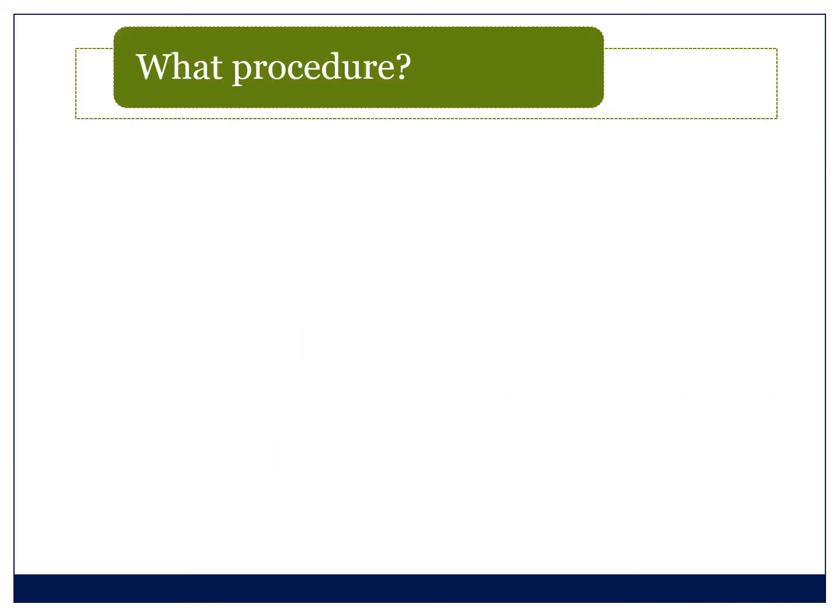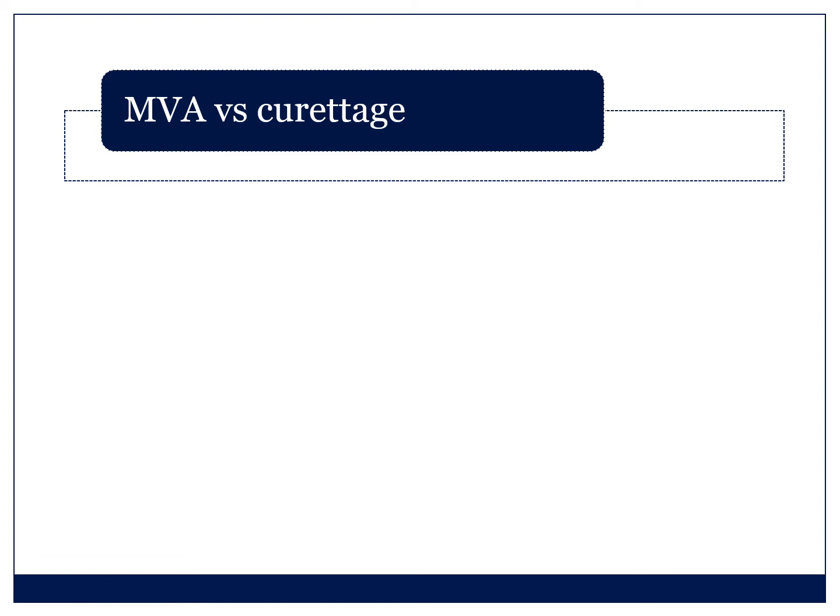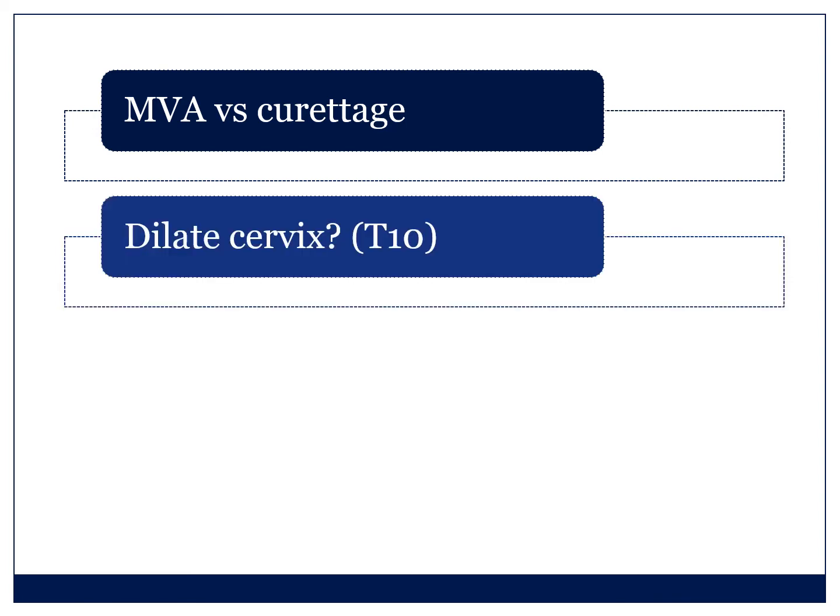So what procedure am I doing? Just remember, there's manual vacuum aspiration, which can be done in the ward, or potentially going to theatre for curettage. Are you going to dilate the cervix? If you are, that is a more painful procedure, and you need to get a level at least up to T10 if you're doing regional anesthesia, or you need to perhaps give slightly more analgesia for that procedure.